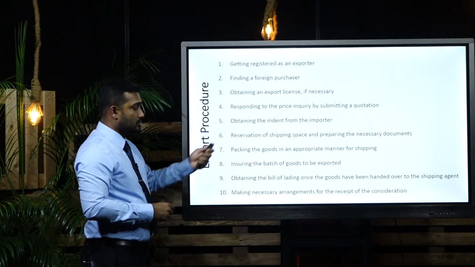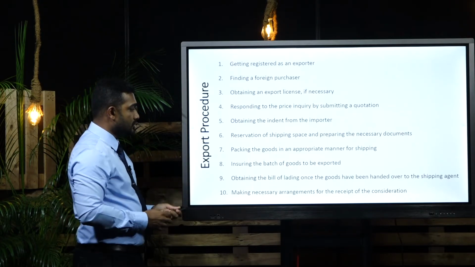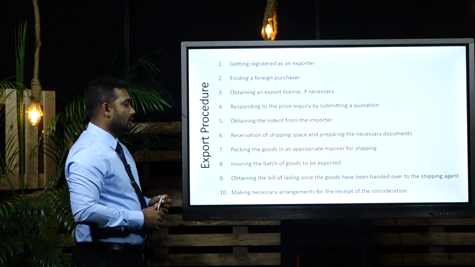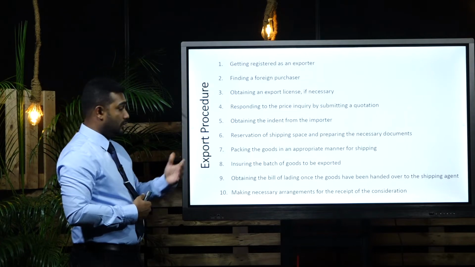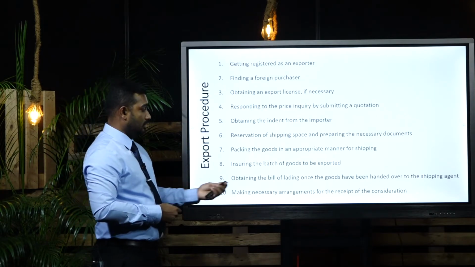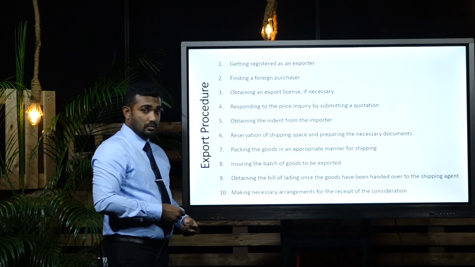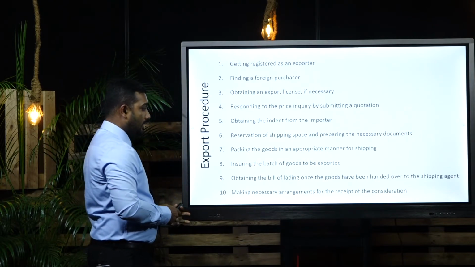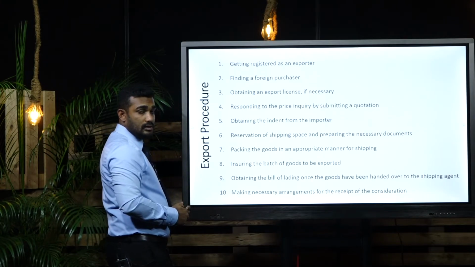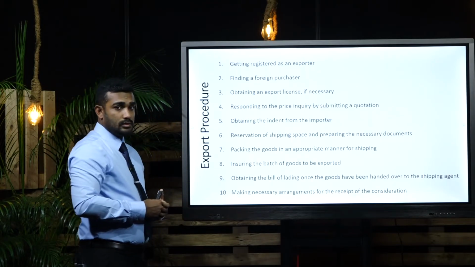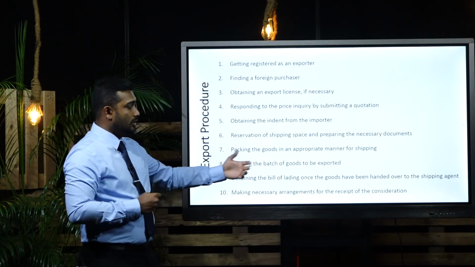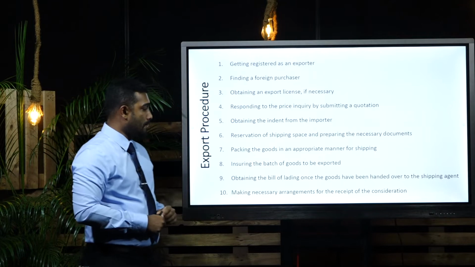While you are arranging the shipping requirements, you have to insure, and then after giving the products to the shipping agent, right, you have to take the bill of lading. It's a proof that you get, saying that you have given the products to the shipping line.